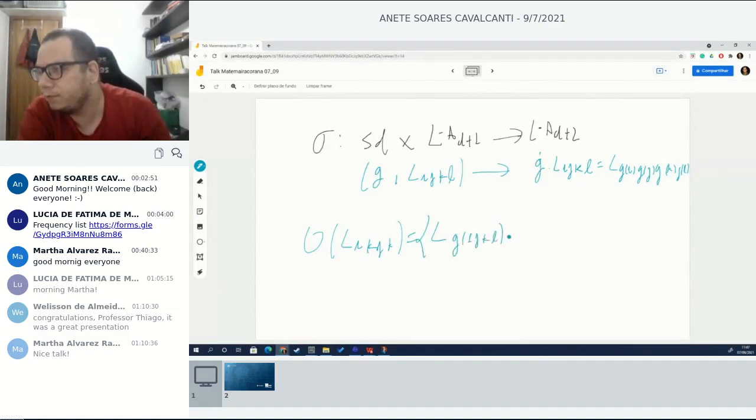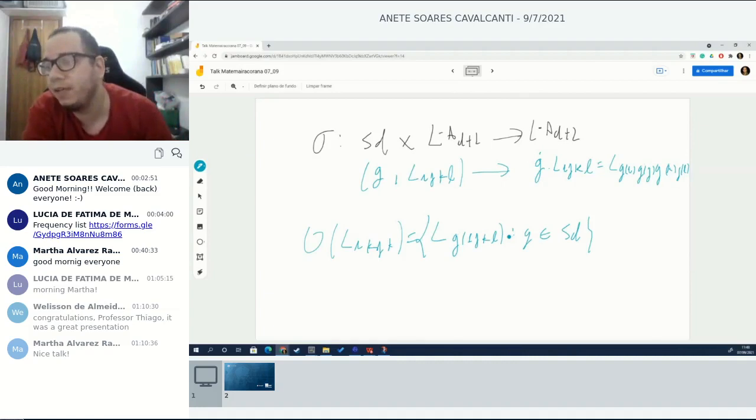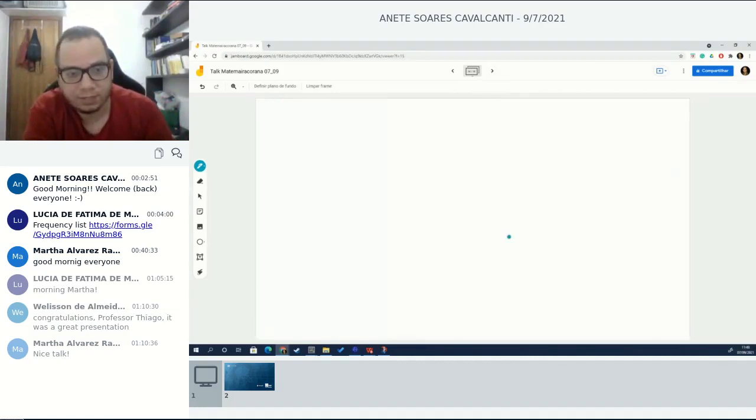I will put this. This means this with G in S_D. And if we have the different orbits, we have the set of Laura-Andoyer adapted to the symmetry.